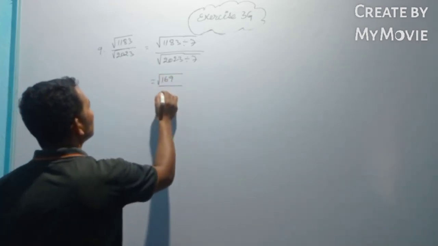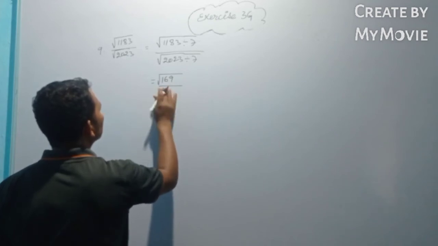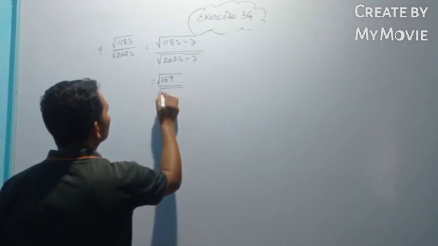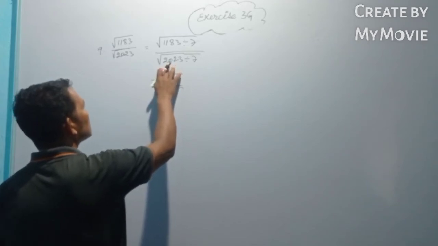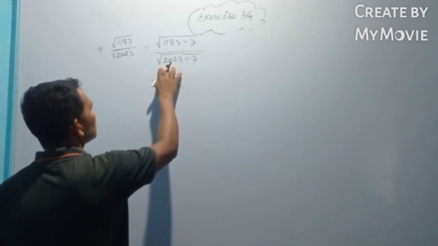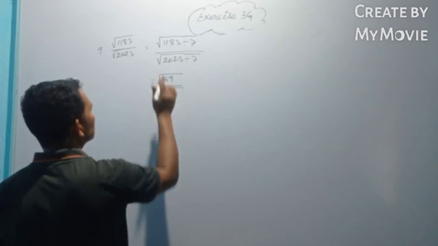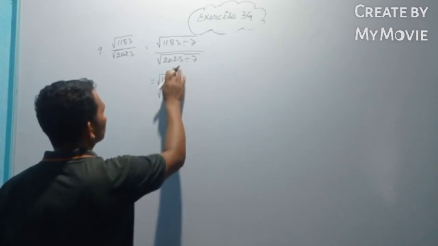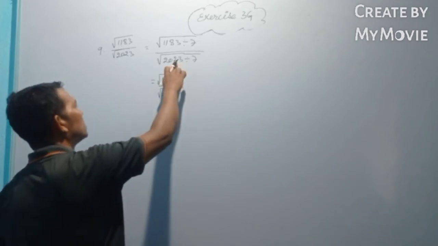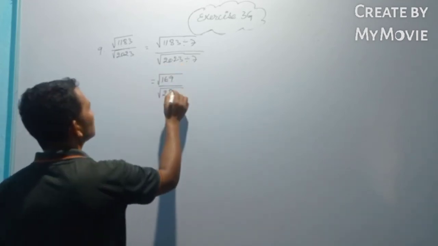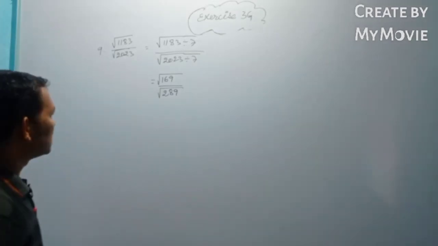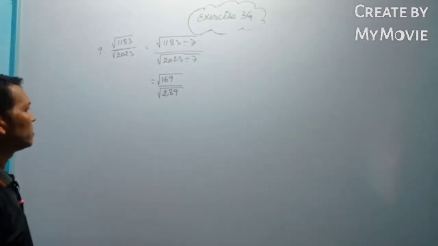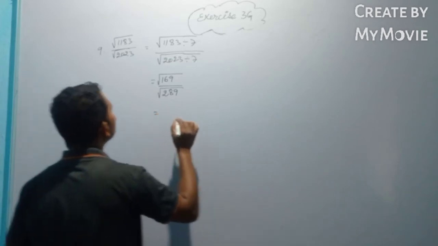Now 7 2s are 14, then 20 plus 14 is 6. 7 8s are 56. Then you have now 6. 7 9s are 63. So 169 upon 289.